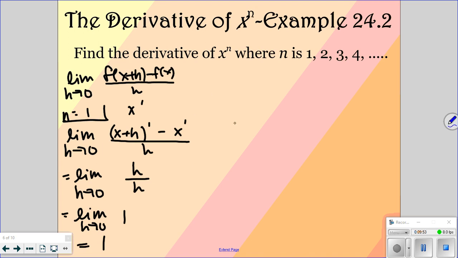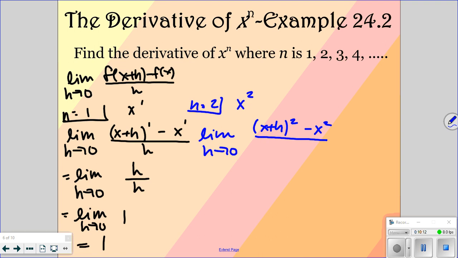For n equals 2, we would have x to the 2. So we're going to do the limit as h goes to 0, and we're going to have x plus h squared minus x squared all over h.